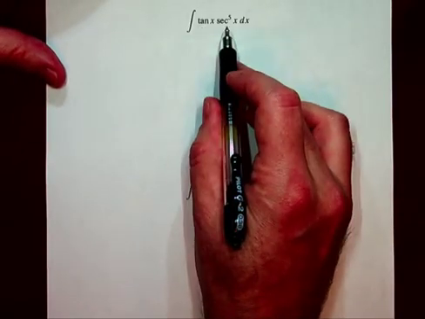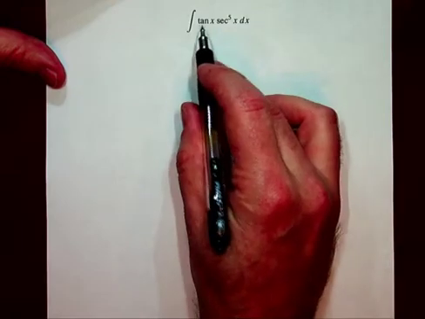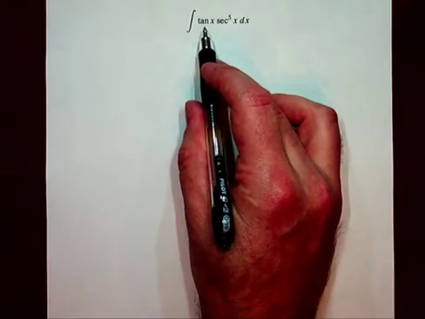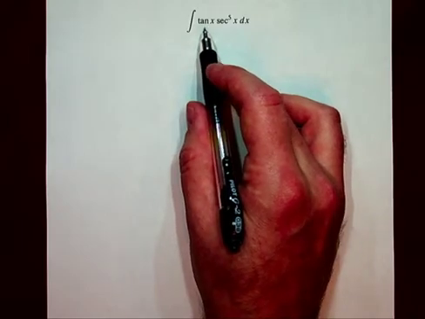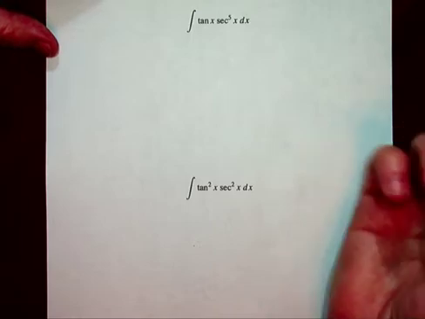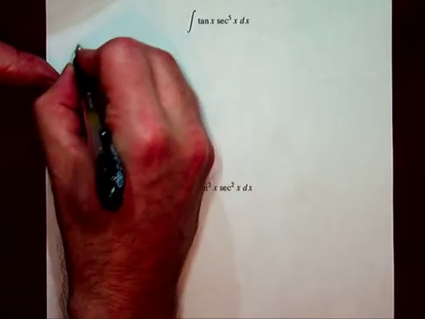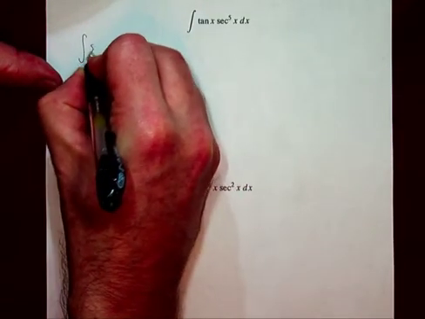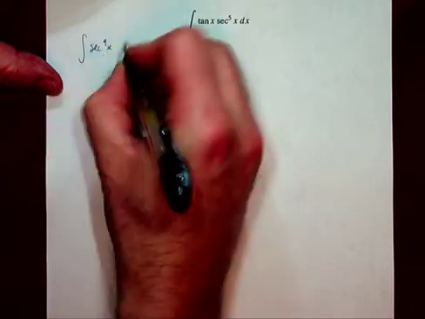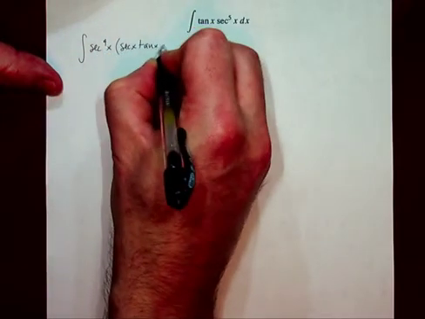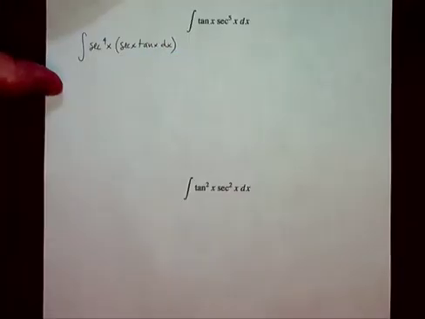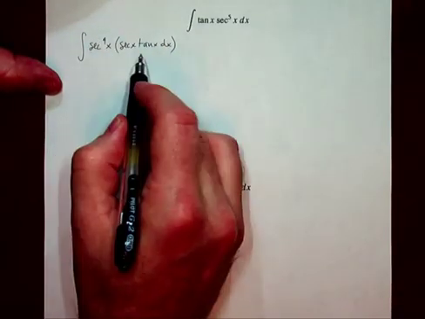Tangent and secant. Well, I noticed that tangent is only one part of one of the derivatives, right? And so basically, if I rewrite this as secant to the 4th x, and then secant x tangent x dx, I now have u to the 4th du.